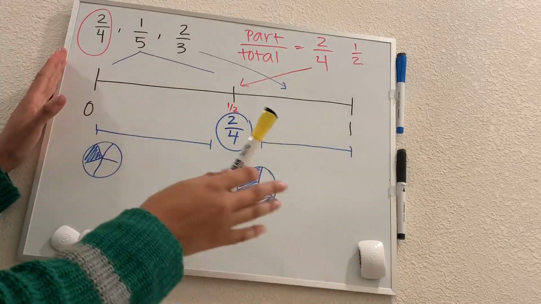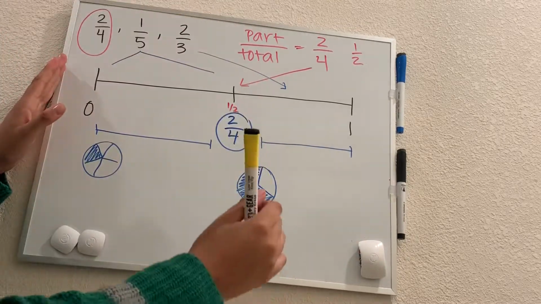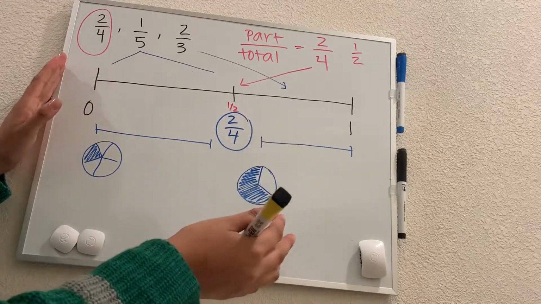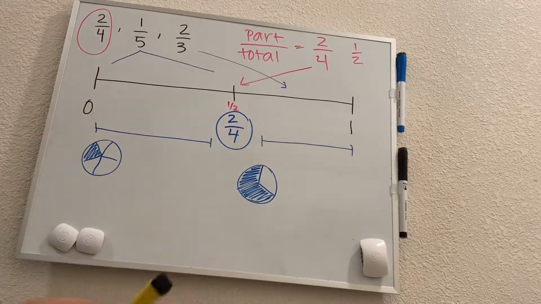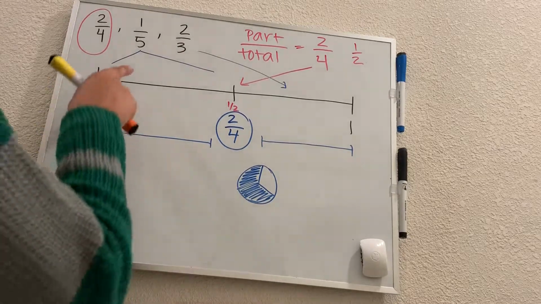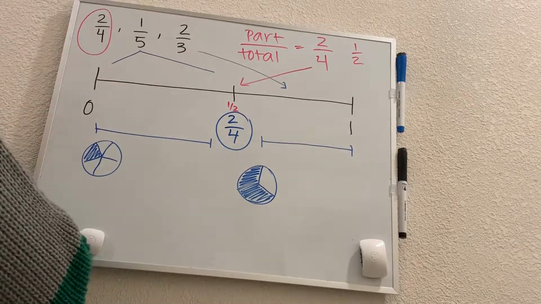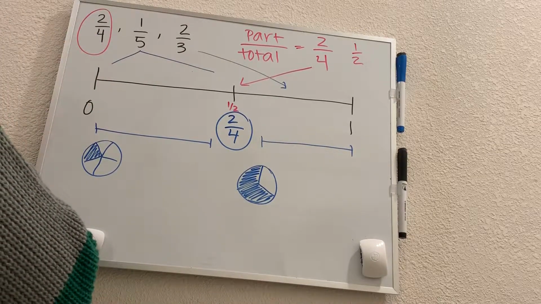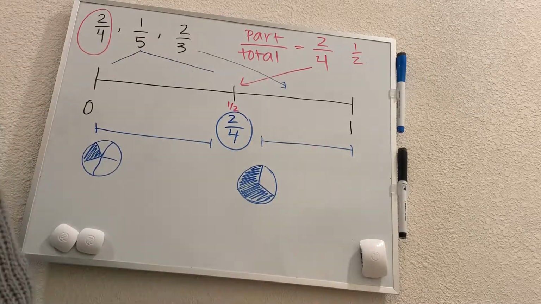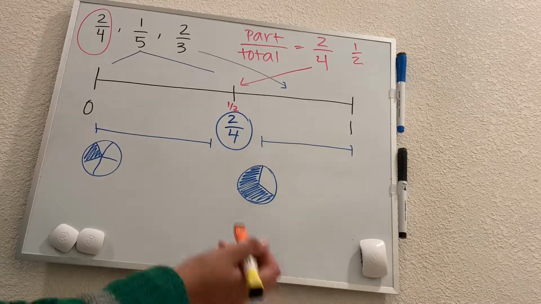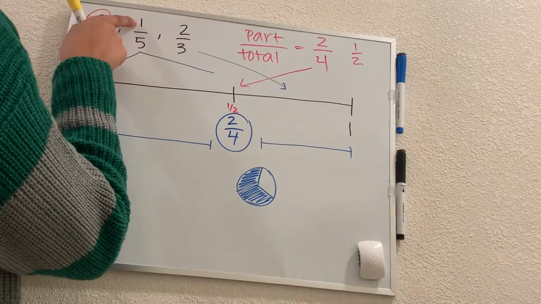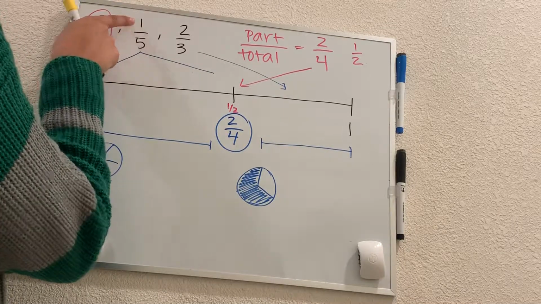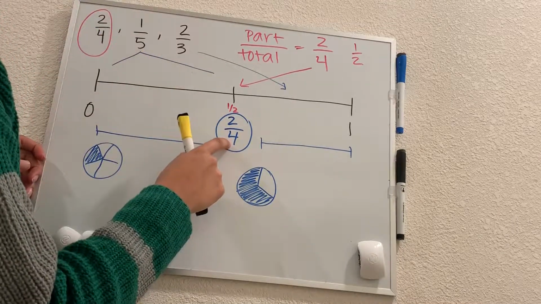Not sure if your teacher wants you to be super exact or just an estimate. But let's say your teacher wants just an estimate. What's half of 5? Half of 5 is 2.5. So if this said 2.5 out of 5, then it would be here.